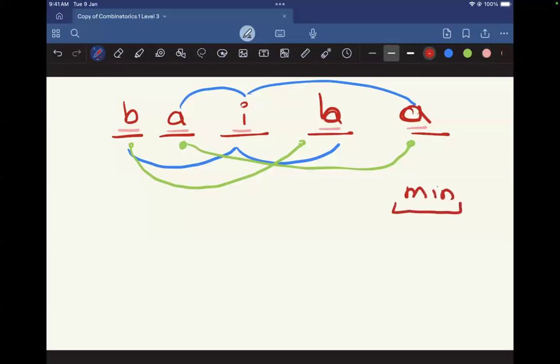The first thing that we can see is that if I have two characters of the same kind, and if I have some characters between them, the number of palindromic subsequences I can create increases. Why does it increase? Because if these two letters were next to each other, the only palindromic subsequence would have been these two characters by themselves and then connecting these two.